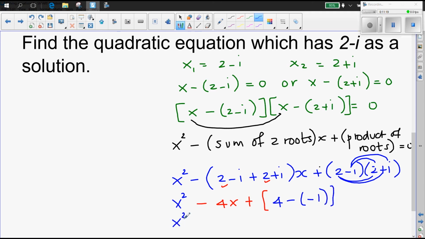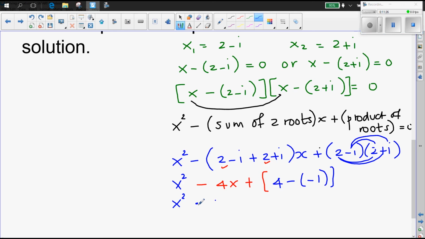So immediately we come to our quadratic equation, which is x squared minus 4x plus 5 equals 0. So this is the preferred method of finding an equation if you're given a complex root, and it is advisable that you just learn that little rule there.